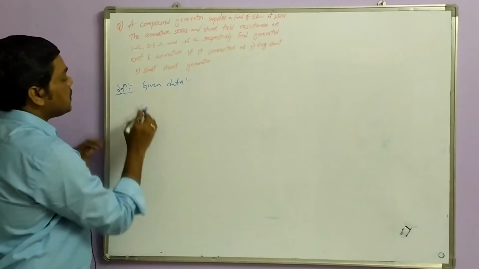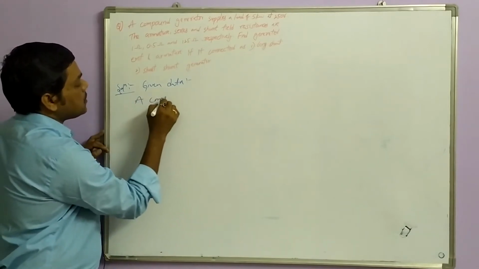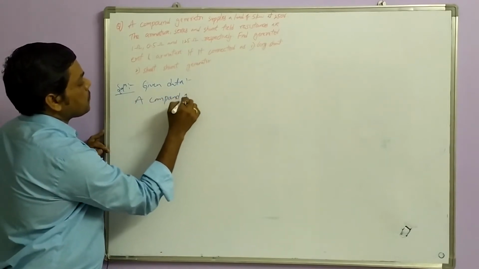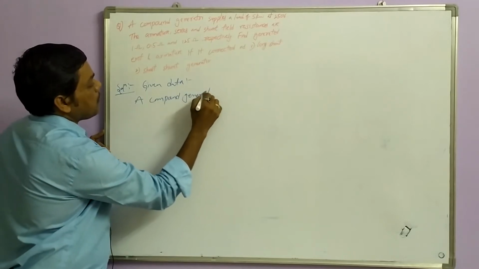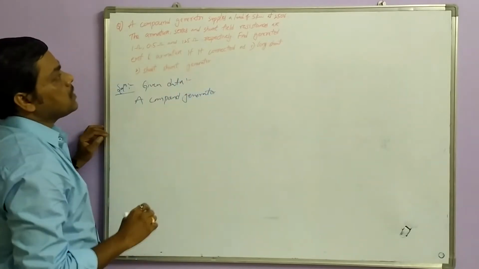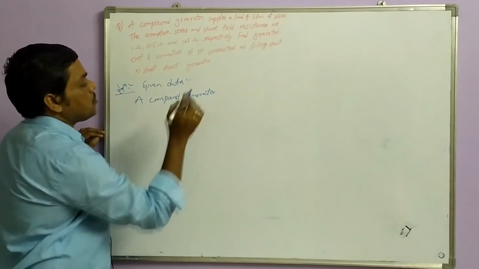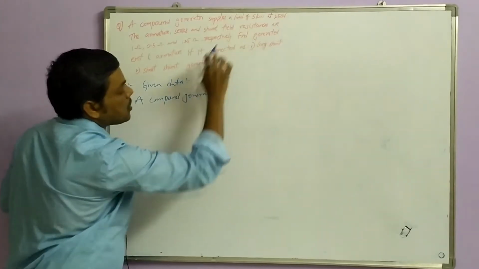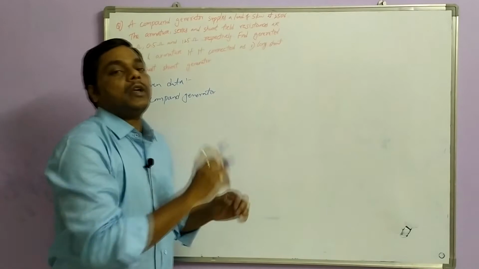So what is the given data? A compound generator supplies a load, which is nothing but output power delivered.